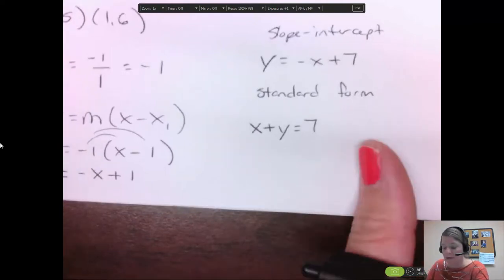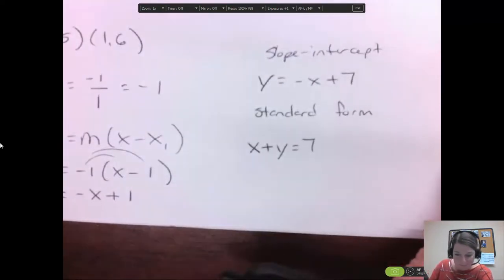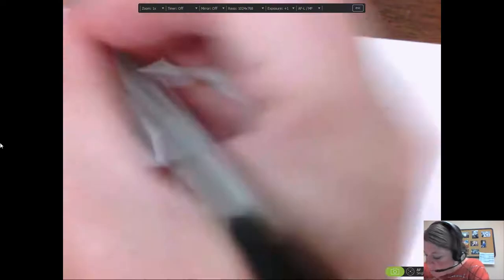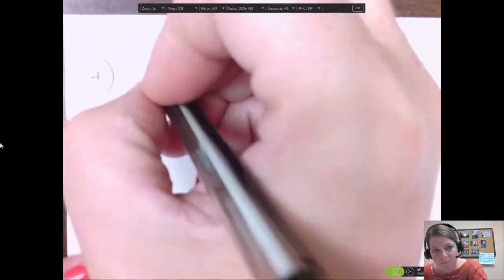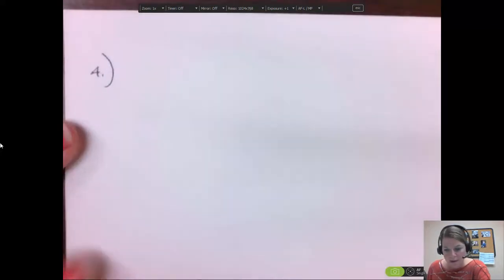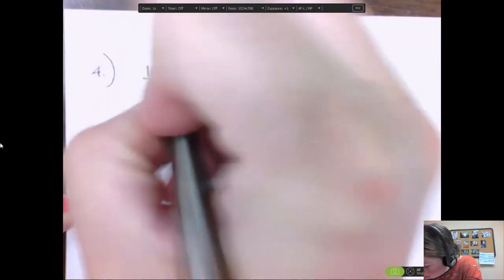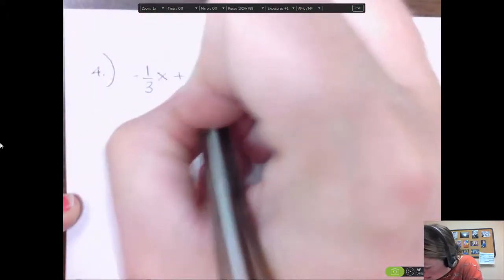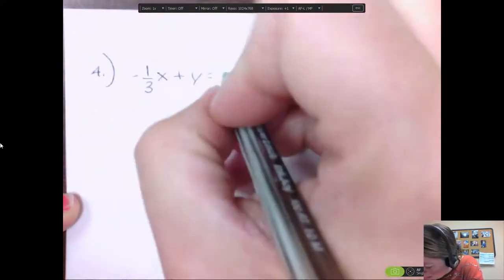So let me maybe show one of those. So I'm just going to write an ugly one. Let's do negative 1/3 x plus y equals negative 2.